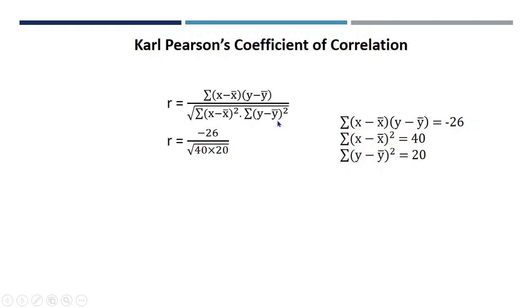We get r is equal to minus 26 divided by square root of 40 into 20. On calculation, you will get minus 26 by square root of 800, which is minus 0.9192. This is a negative correlation and the value is almost near to minus 1. So this is strong negative correlation.